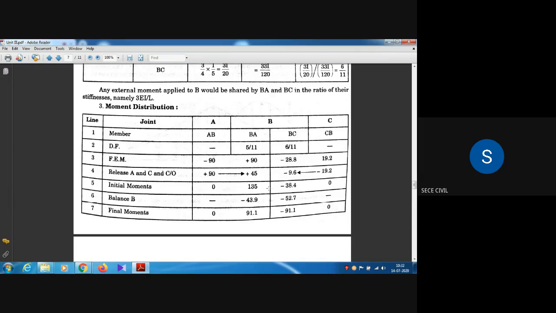The difference is plus 96.6, so we have to apply a minus value. Plus 96.6 means a clockwise moment, so we have to apply an anti-clockwise moment. We are applying the moment, distributing the moment. So plus 96.6 is the difference, and we have to apply minus 96.6.